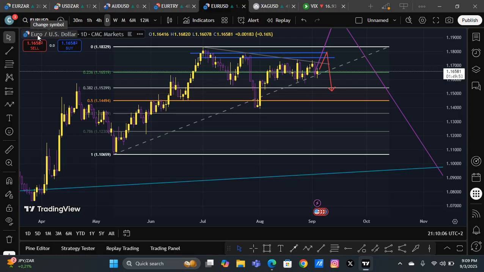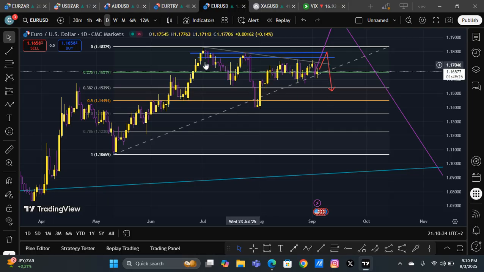Macroeconomically, the euro is bullish, but it's economically correlated to the Danish krona, in fact, the Hungarian forint, I believe it's the Hungarian forint and the Swedish krona. Those are also in Europe, and they are bearish.